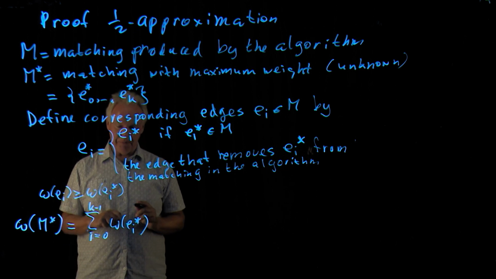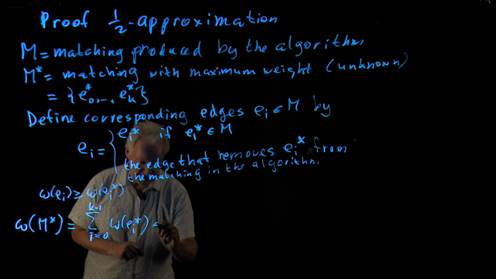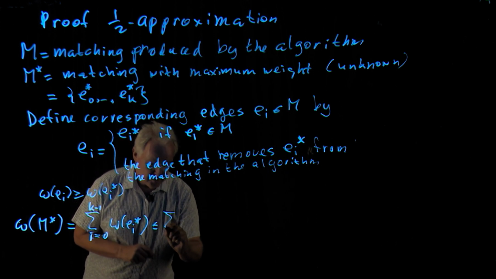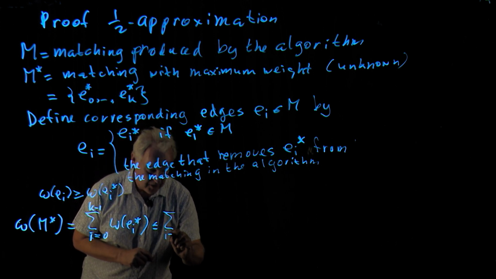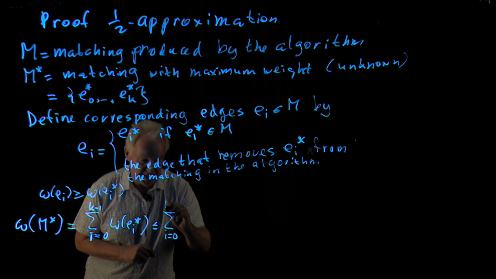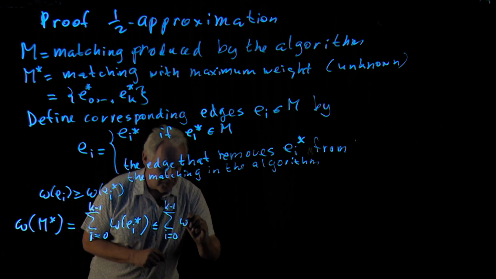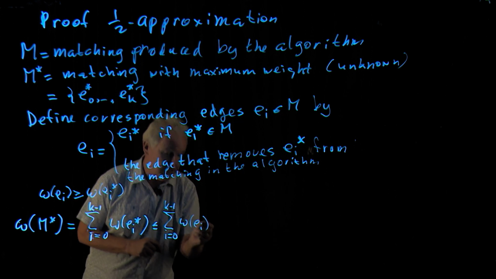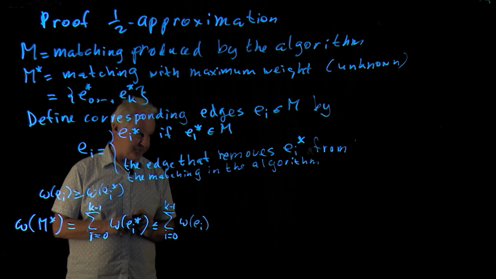And by that property, this is less than or equal to the sum for i equals 0 to k minus 1 of omega of Ei. These are the matches from M.